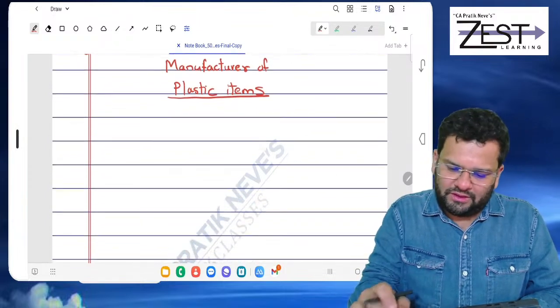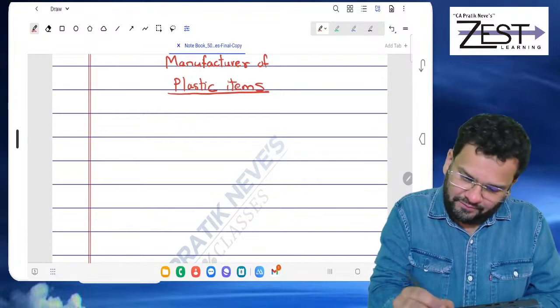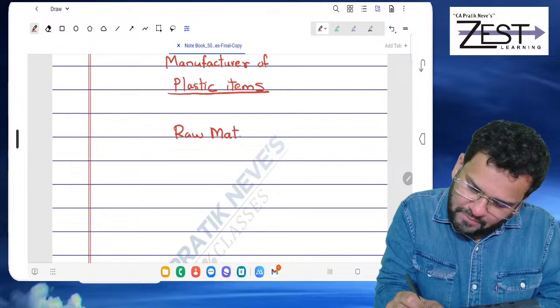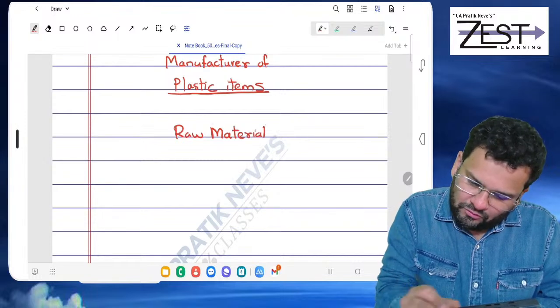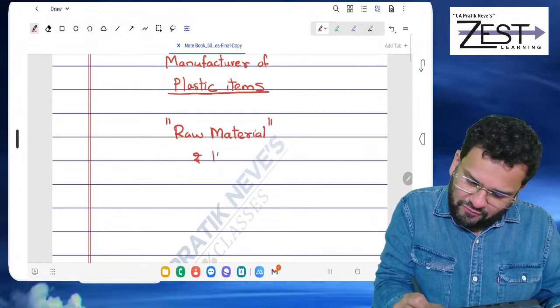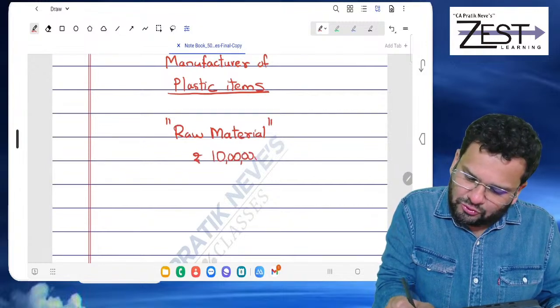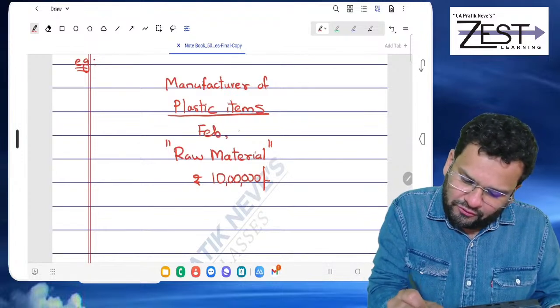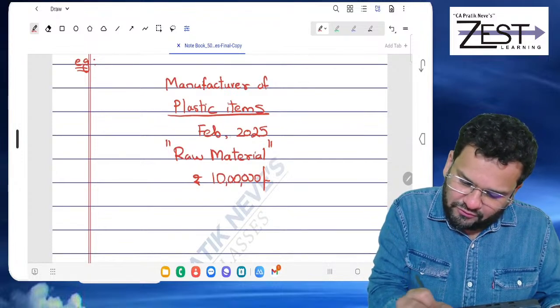What you do is you buy raw material, which is say plastic granules. The raw material you have bought is worth 10 lakh rupees. Suppose this is information for the month of Feb 2025.